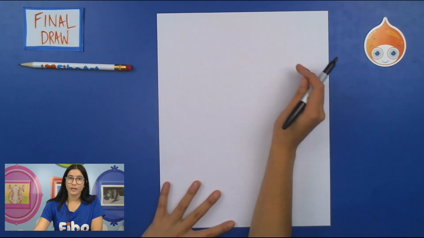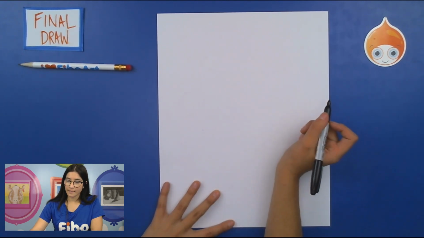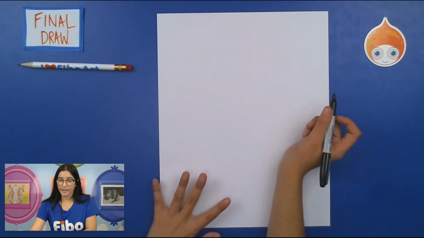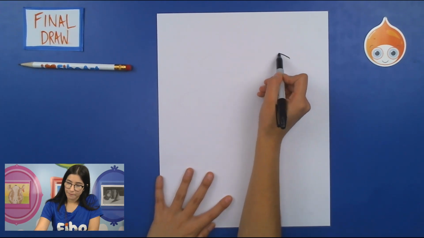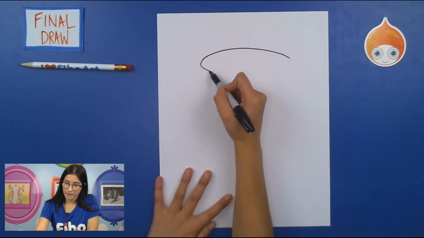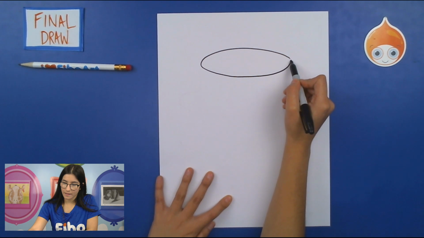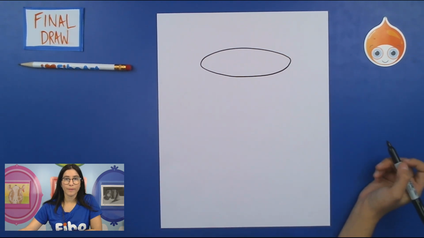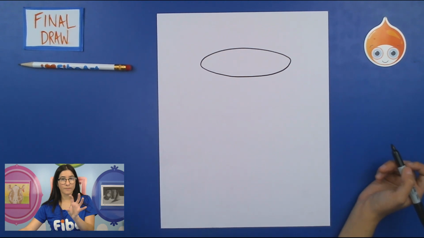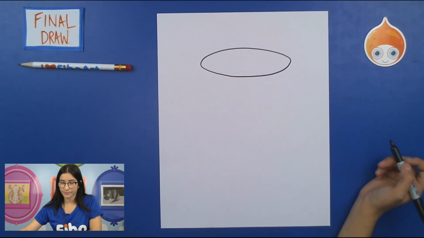So first what we're going to start with up at the top is that first layer. For the first layer, we're going to have a nice flat oval for the top of the cake. Remember, it's not too wide, not too big. The first layer is a little bit smaller than all the rest of the layers.